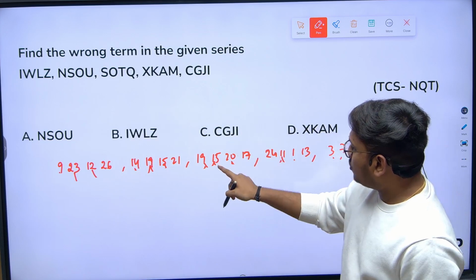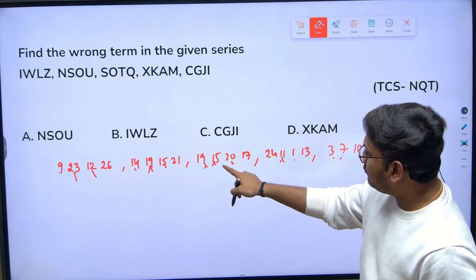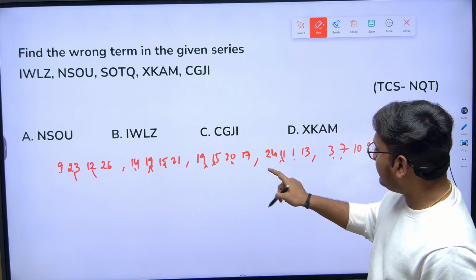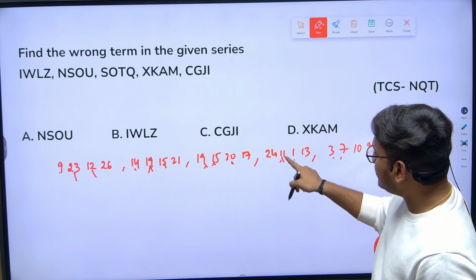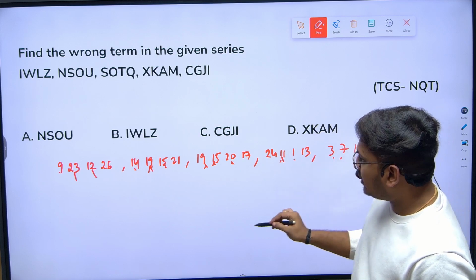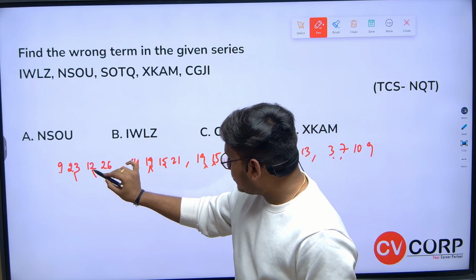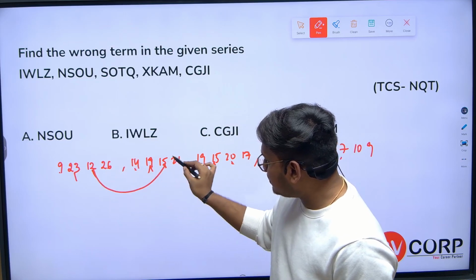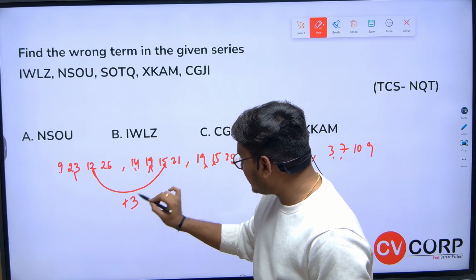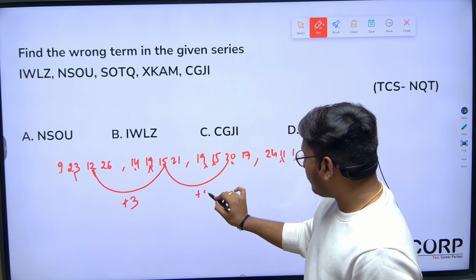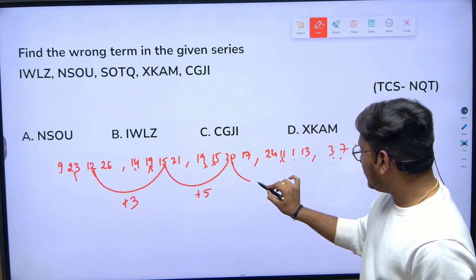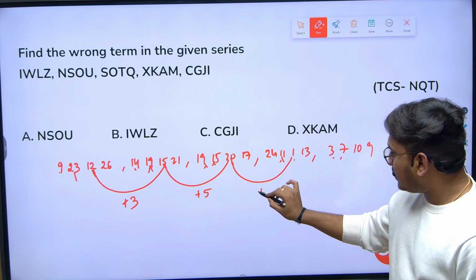So here what are the numbers? 19, 15, 20 and 17, 24, 11, 1, 3. Let me check the third one. 12, when it becomes 15, it is 3. 15 plus 5, here it is plus.